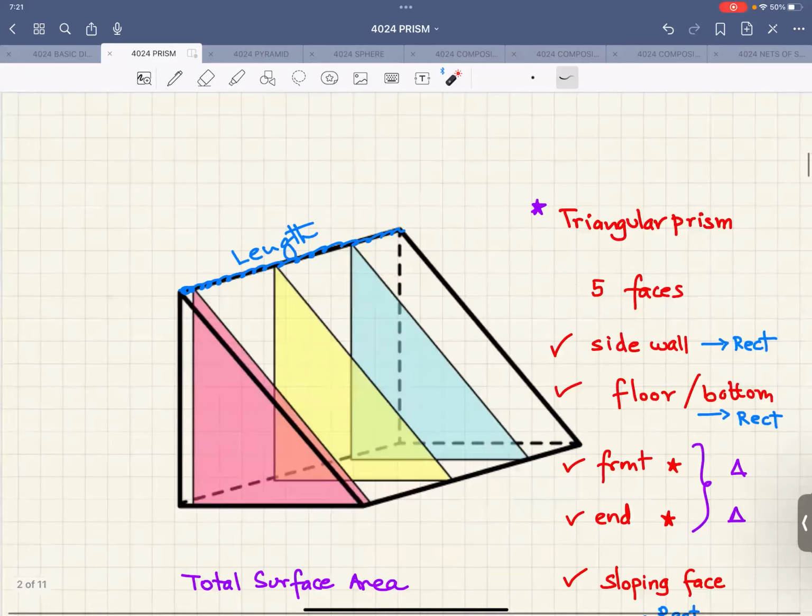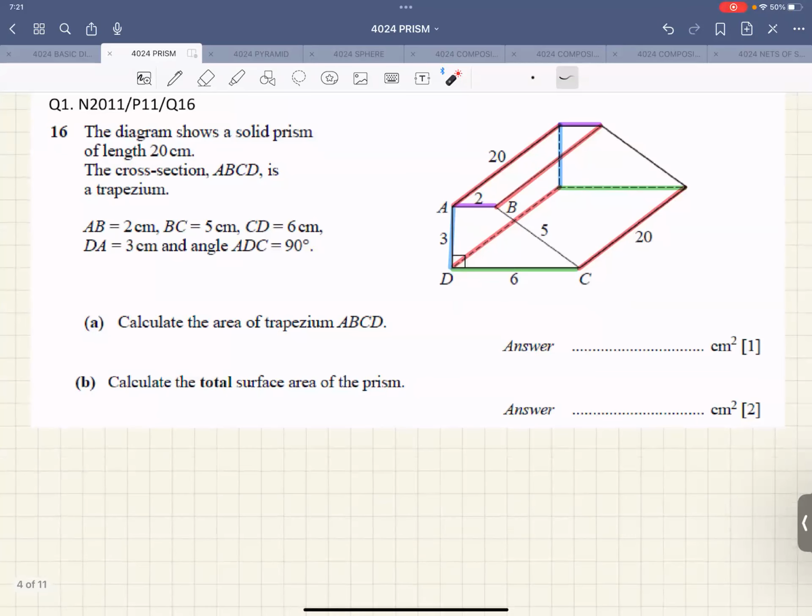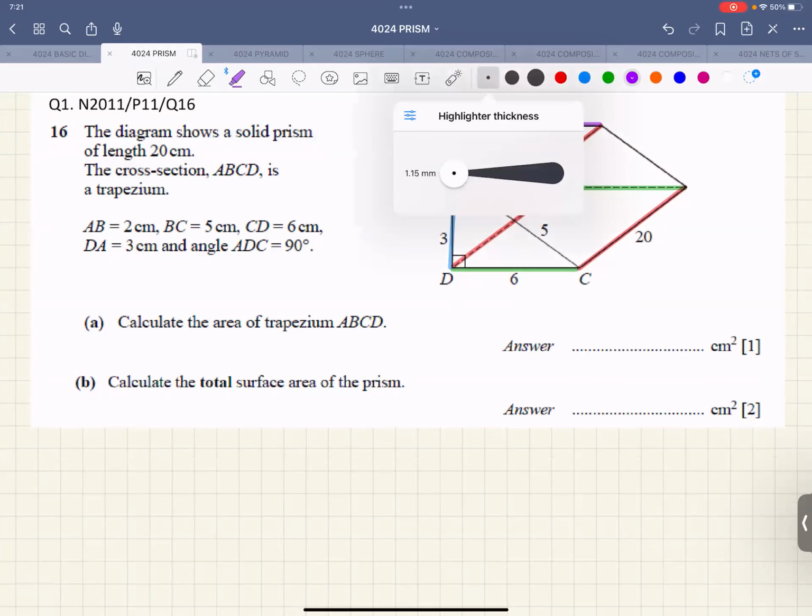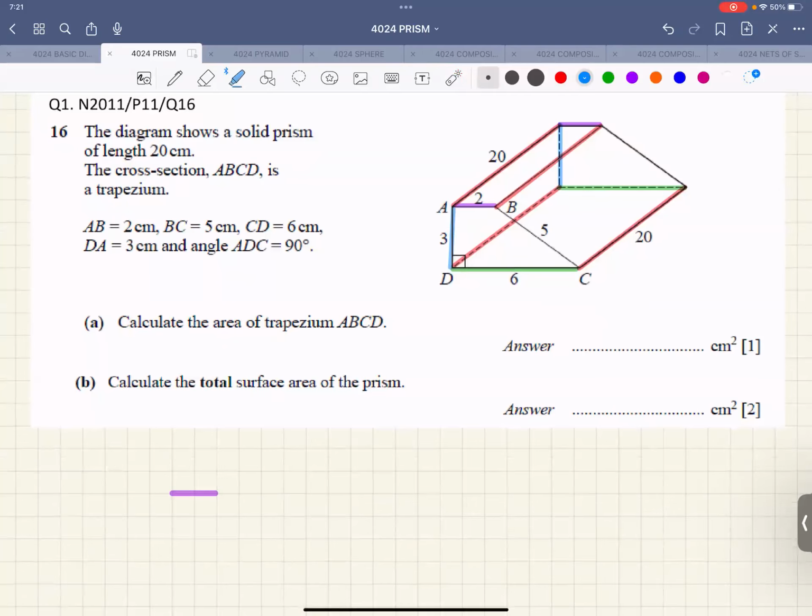So now, first of all, let me draw some lines. Let me make some thicker lines. So this is like 2, and then this is like 3. So 1, 2, 3 like this. And then the green line is like 6. So 1, 2, 3, 4, 5, and 6. And let me choose another color. Let me choose something dark.